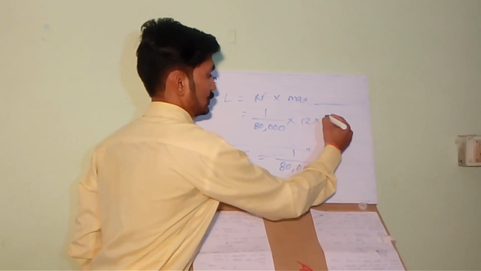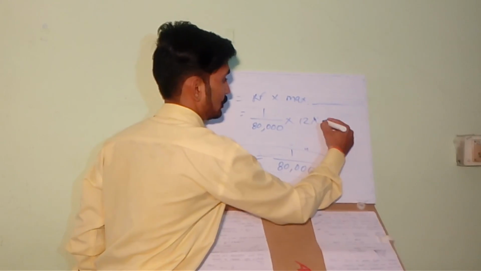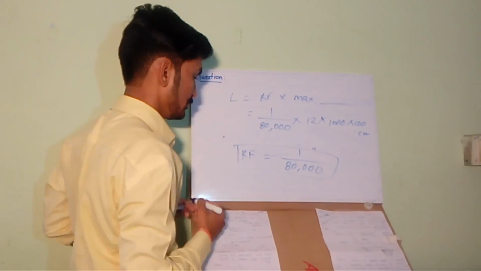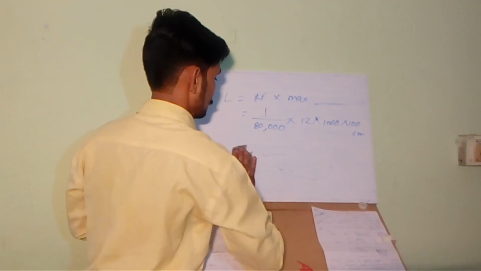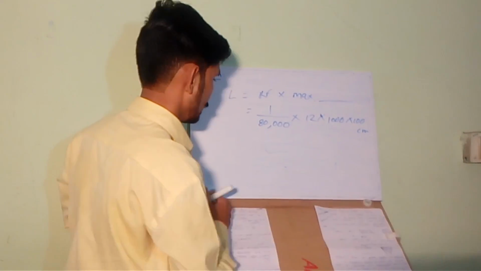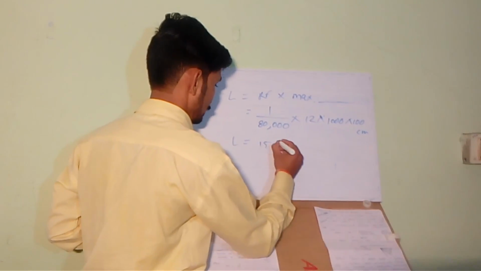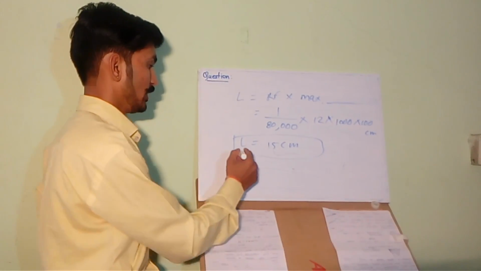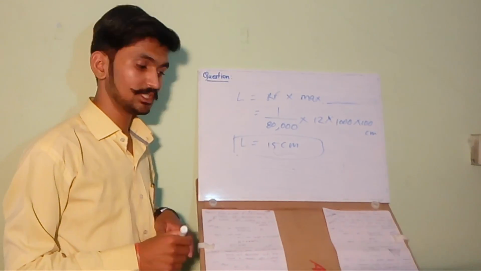We have taken it 12 kilometers, again multiplied by 1000, multiplied by 100 to convert into centimeters. So this will be 15 centimeter. So length of the scale is 15 centimeter.